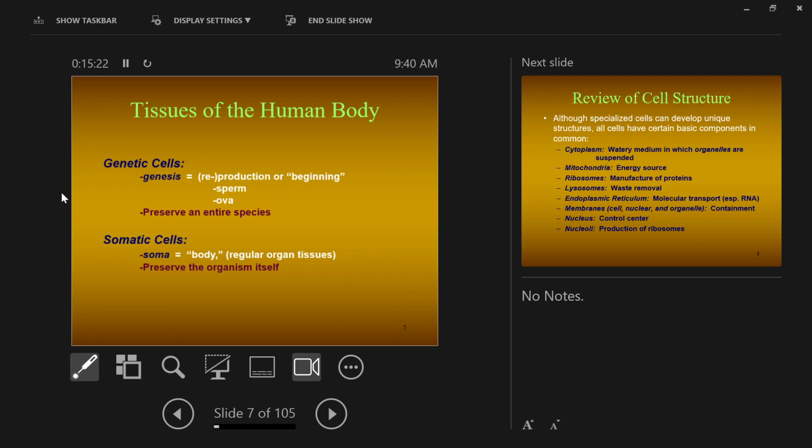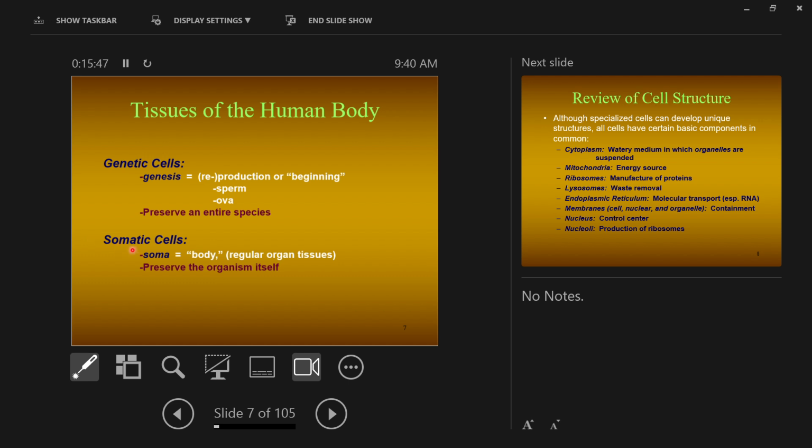Let's finish up with some more terminology. In the body, this is important because we're going to need to categorize the body's cells. That's what we're made of, right? We're made of cells, yeah? We need to put our cells into one of two categories, okay? Most of your body is made of what we call somatic cells.